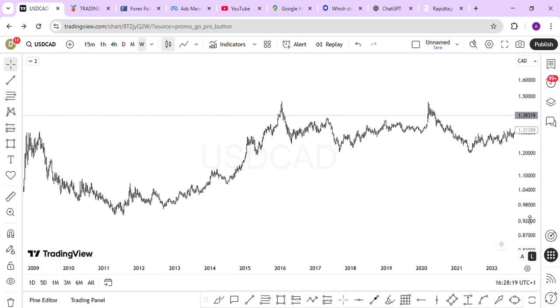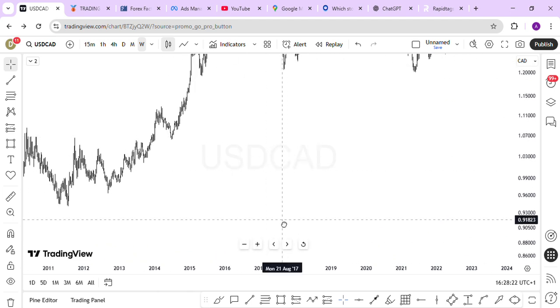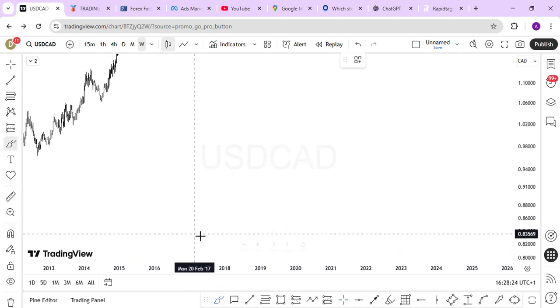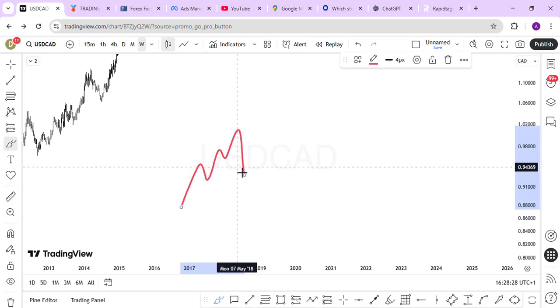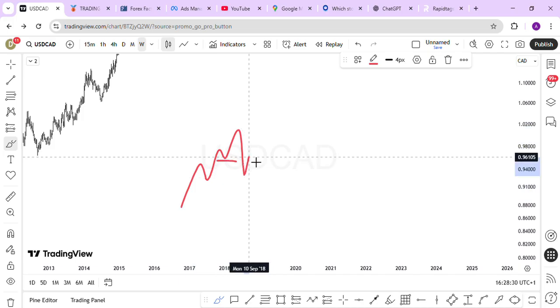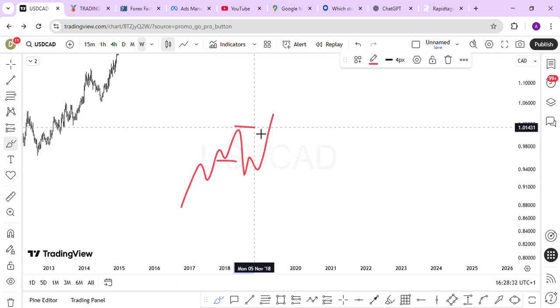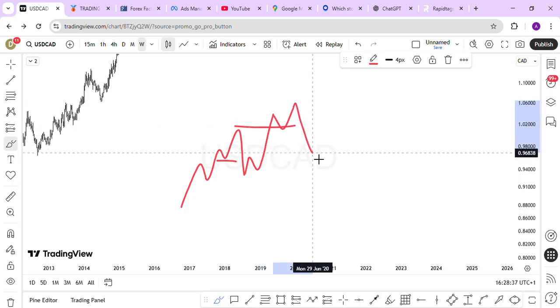If you are to do the market structure mapping, let me give you the criteria. We want to see a situation whereby the market will do this, and when the market takes at least one of these, then breaks above, that's when we confirm our break of structure. We want the market to repeat the same process, then break above.